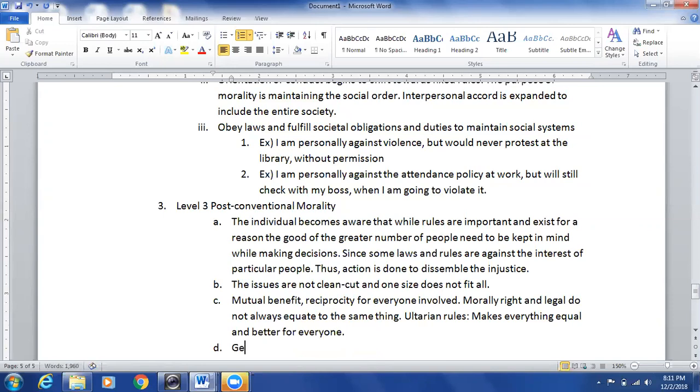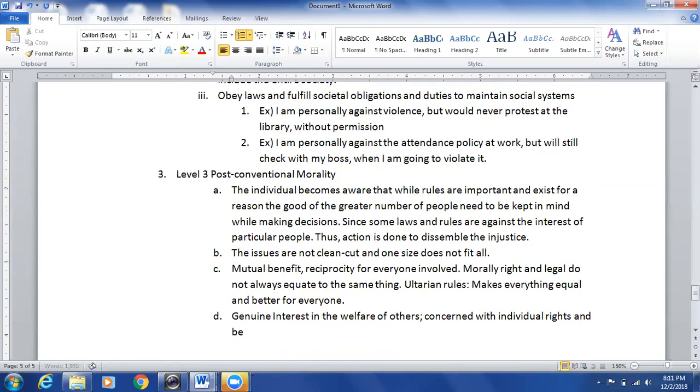And this is where someone has a genuine interest in the welfare of others, concerned with individual rights and being morally correct. An example here would be Schindler during World War II.